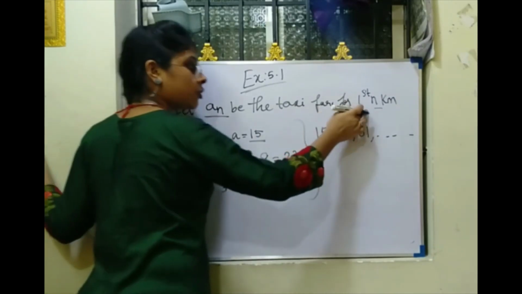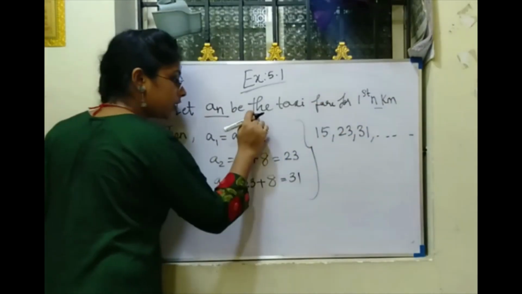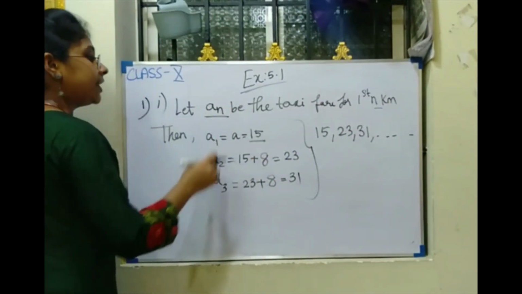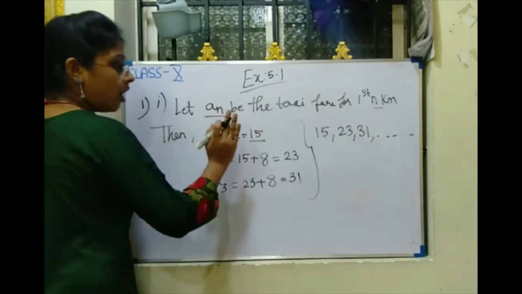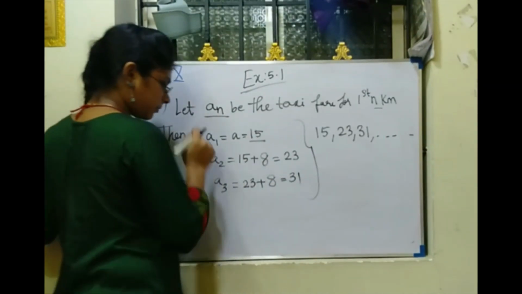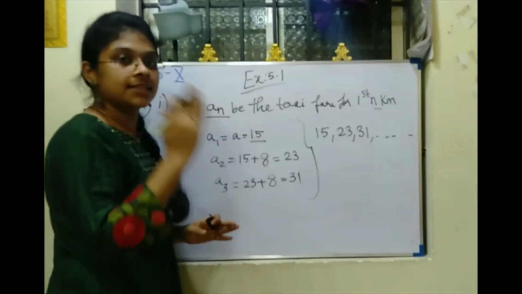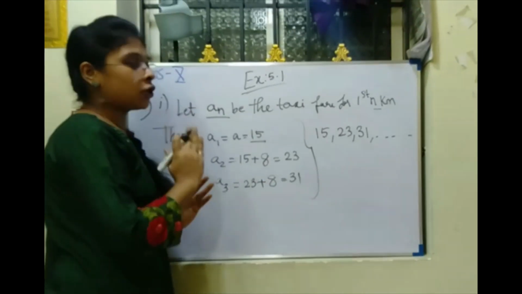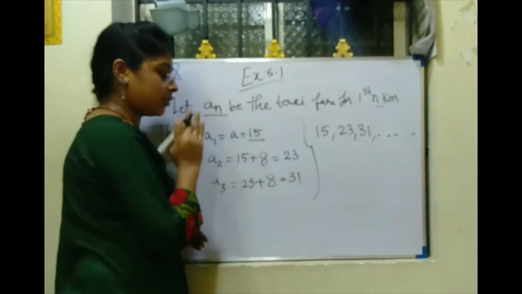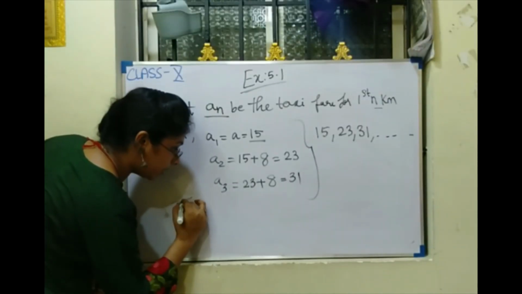We don't know how many kilometers they have traveled and how much it cost. Okay, we just need to find, is this an AP or not? So here we need to find the common difference. If the common difference is the same, then it is an AP. If the common difference is not the same, then it is not an AP. Okay, let's find the common difference.